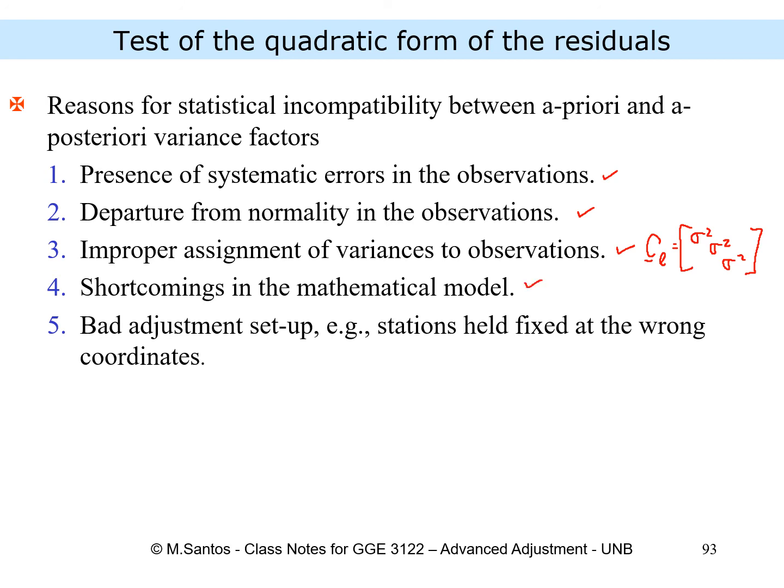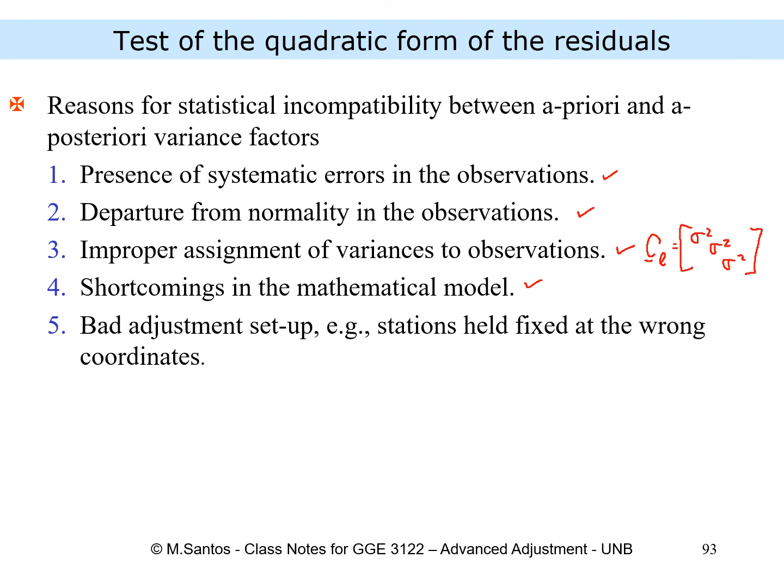That may happen, even when dealing with well-established problems like a traverse, a triangulation, GNSS vector adjustment, where we should not expect that the mathematical model is wrong. But anyway, this is one of the causes of failure in the test.